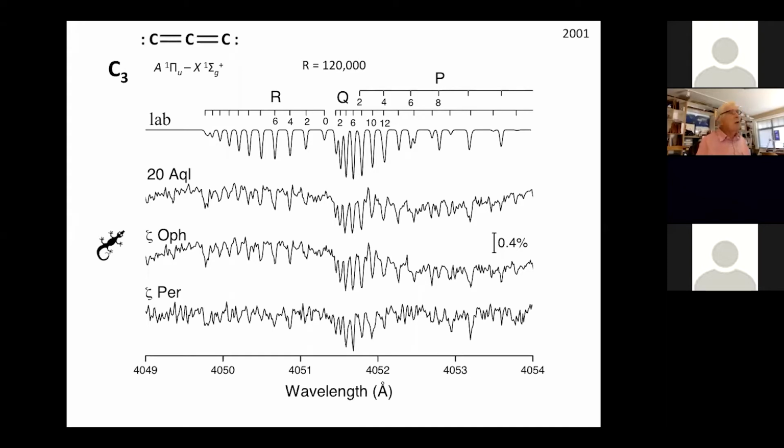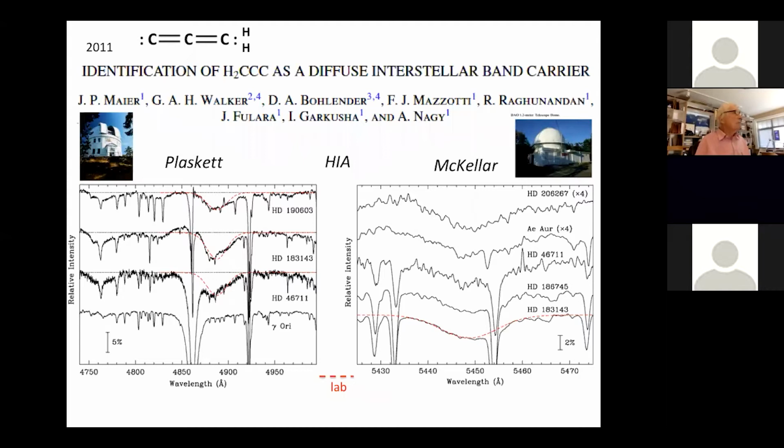So this encouraged us to start looking at other long chains, which we did over here in Victoria. One of these was C3H2 or H2C3, depending on how you define it, which was known from radio observations.